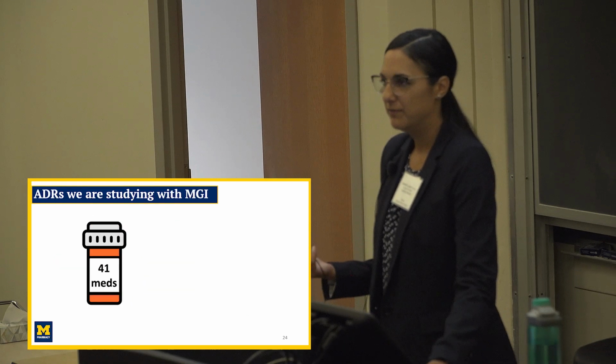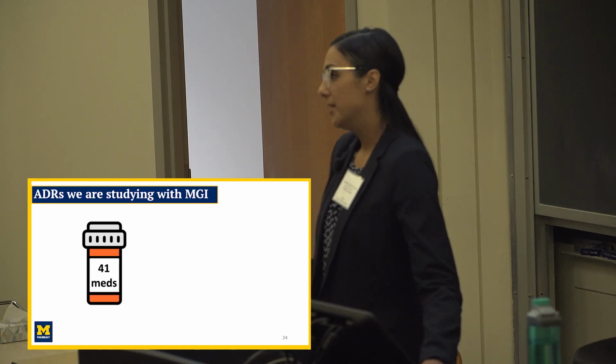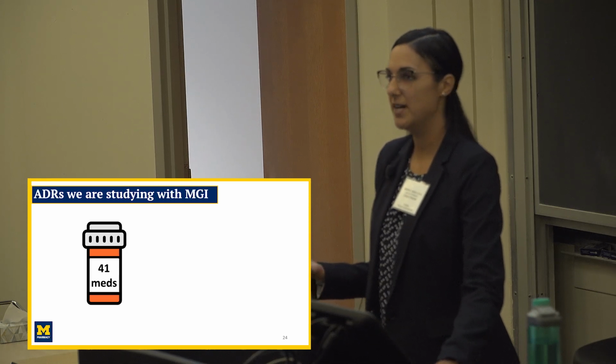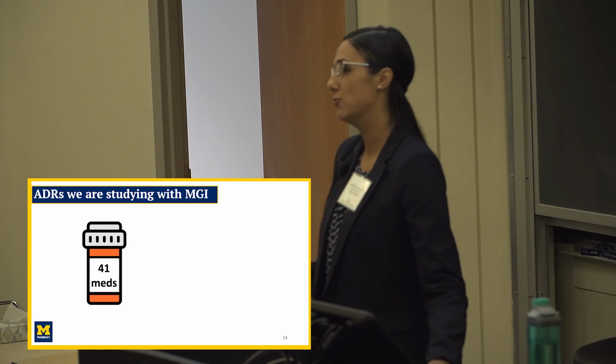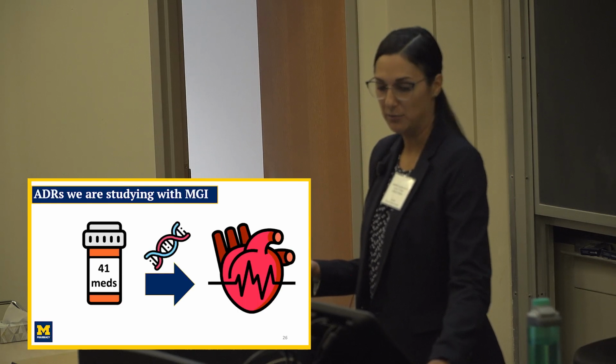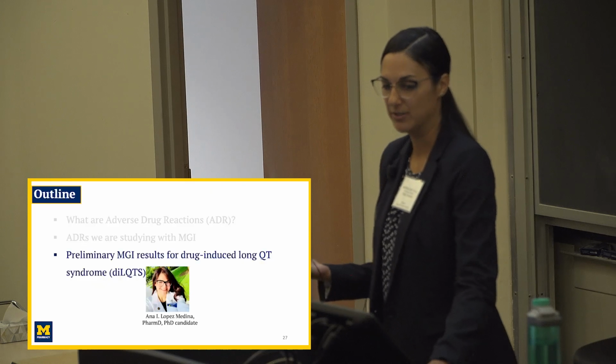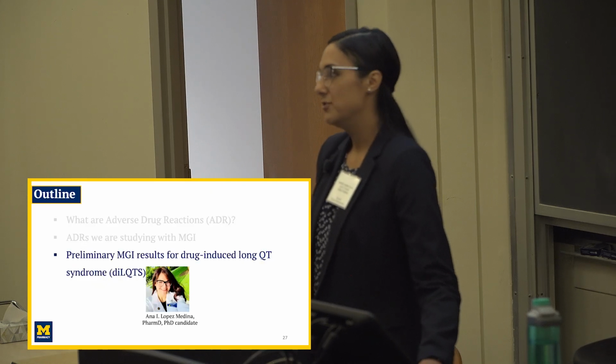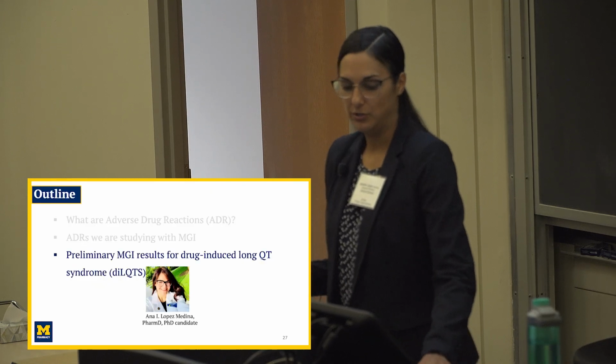And finally, there are 41 medications on the market in the US that are classified as very high risk for causing abnormal heart rhythms. This is the example I'm going to talk a little more about, where we got some preliminary results. This adverse drug reaction is called drug-induced long QT syndrome.